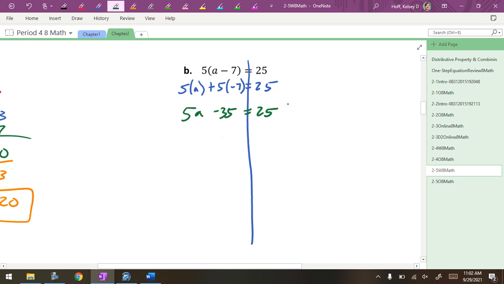Only put -35 there. Don't put 2 signs next to each other. It gets very confusing. So you just want to put -35.